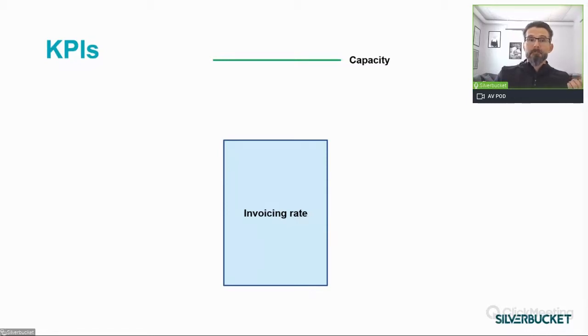But before we start to improve the invoicing rate, we of course need to set the target for the future invoicing rate. And here in our graph, this invoicing rate target is visualized as a yellow line. And now it's possible to see the difference between the current invoicing rate and the target.